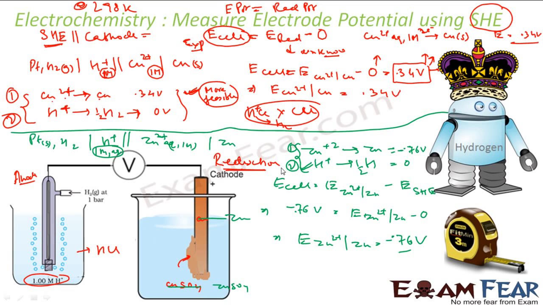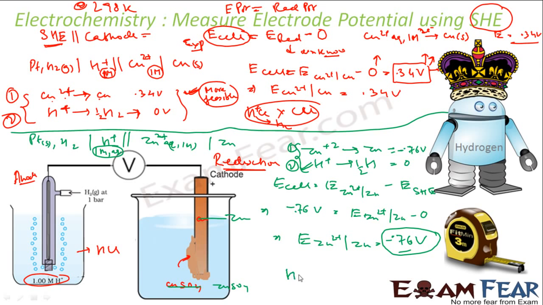The second reaction is more feasible than the first reaction. And we have seen that zinc has a tendency to become Zn2+, not Zn2+ to Zn, right? So if we compare hydrogen and zinc, the negative potential of this indicates that H+ ions get reduced more easily than Zn2+ ions.